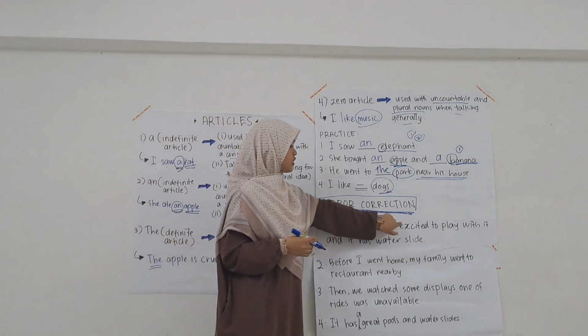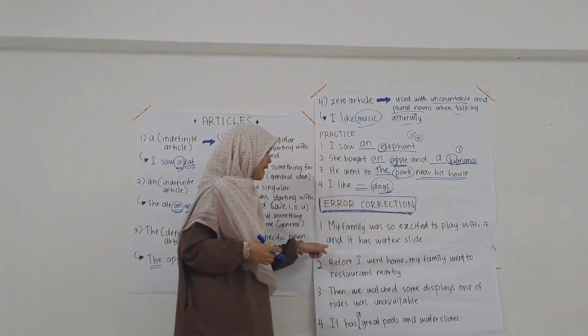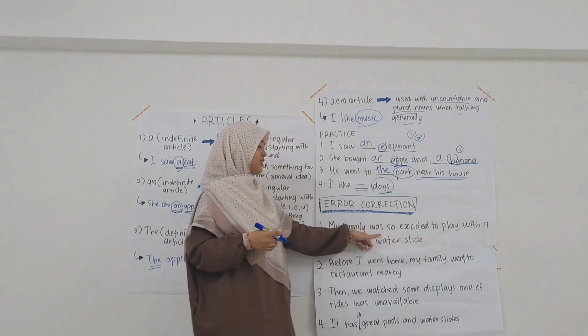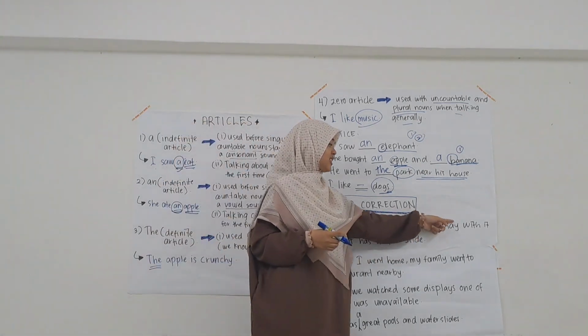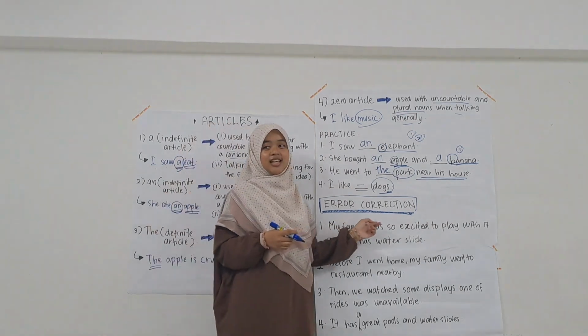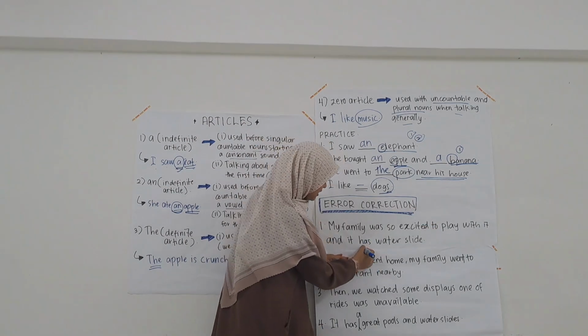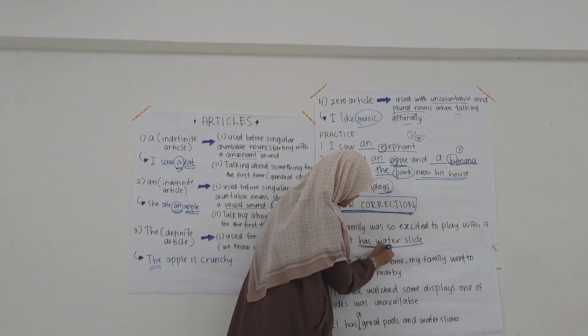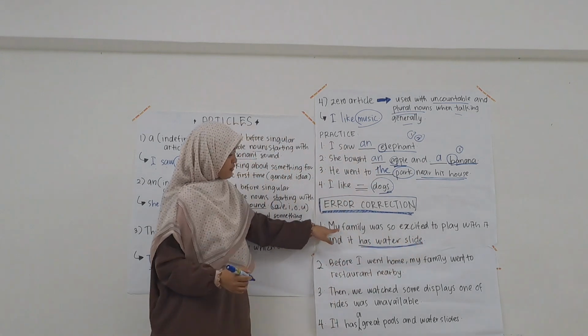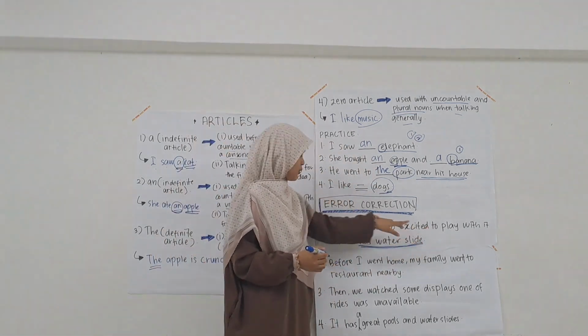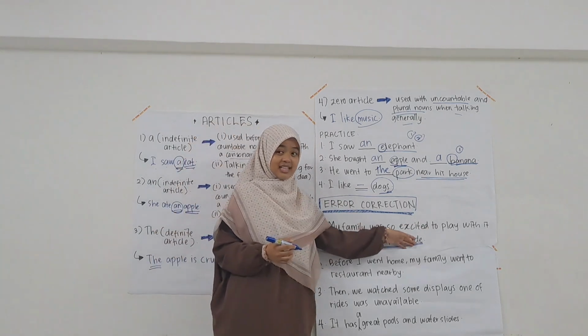Okay, the first sentence. My family was so excited to play with it and it has what is like. What do you think is the article error in this sentence? Where? Here, right? Let's read that again. My family was so excited to play with it and it has what is like.